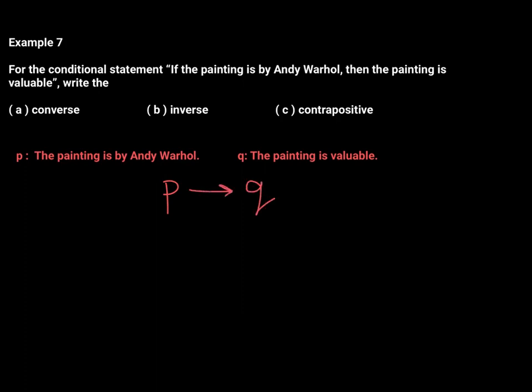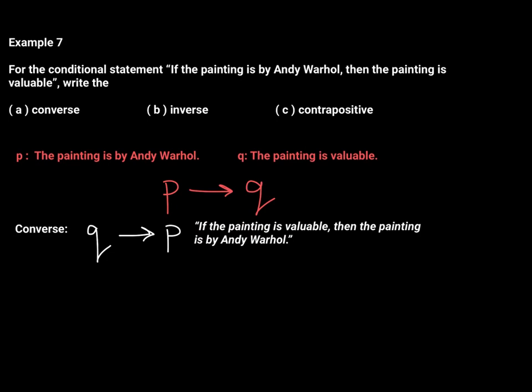All right, so for the first one, the converse. Remember, the converse means that you just switch the antecedent and the consequent. So it will be if Q, then P. In words, if the painting is valuable, then the painting is by Andy Warhol. That's the converse. Let's go for inverse.